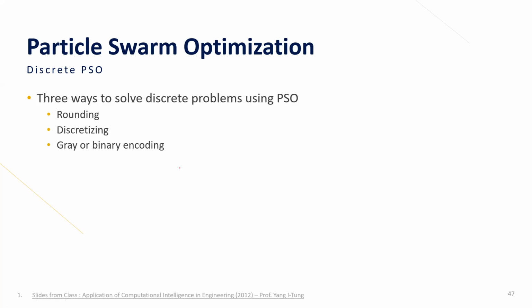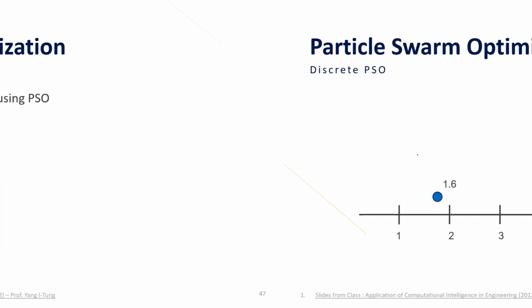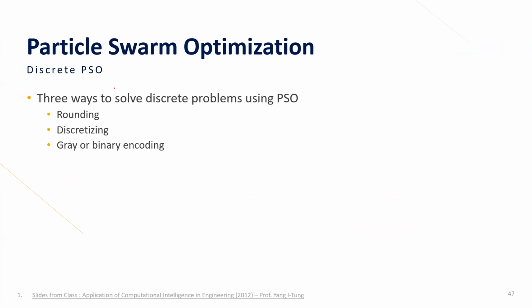I'm not going to explain all of this, but basically the picture will show you a glimpse of the idea on how we can use PSO that is designed for real-value decision variables to solve discrete problems. We can use rounding, discretizing, gray, binary decoding. Basically, all of this is to comply with the decision variables being used in your problems.